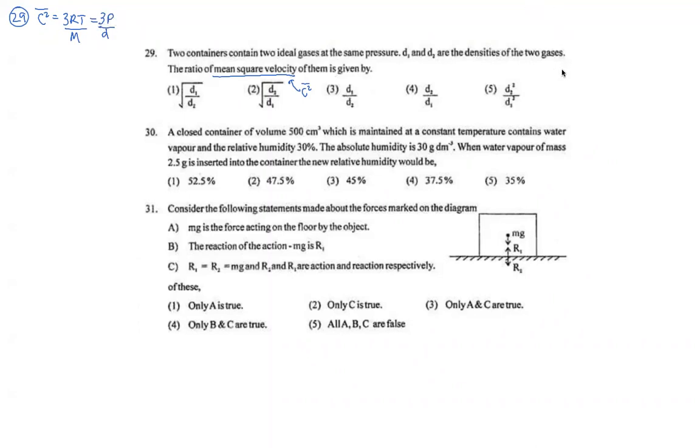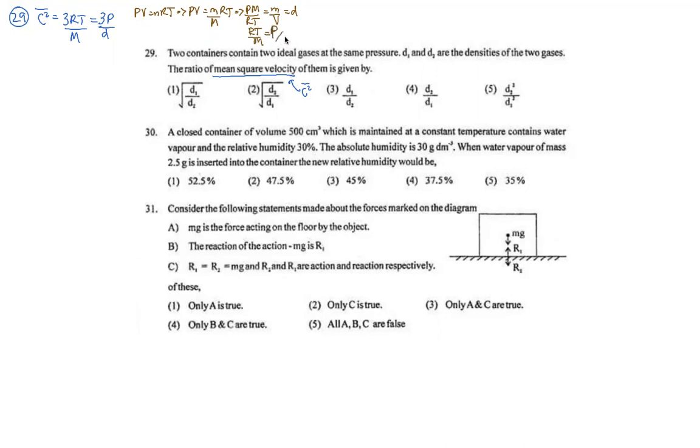If you want me to explain how that happens, we know PV is equal to nRT, and then you can change it to PV equal to simple m over capital M RT, and then to P capital M over RT equal to simple m over V, where simple m over V is our density. So instead of RT over capital M, you can write P over D. So I have proved it here for you in case you are confused about how I wrote it.